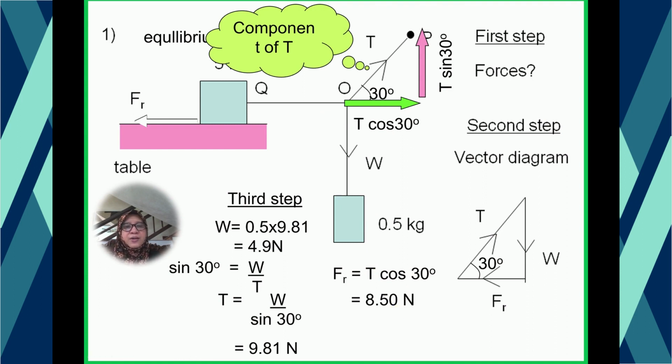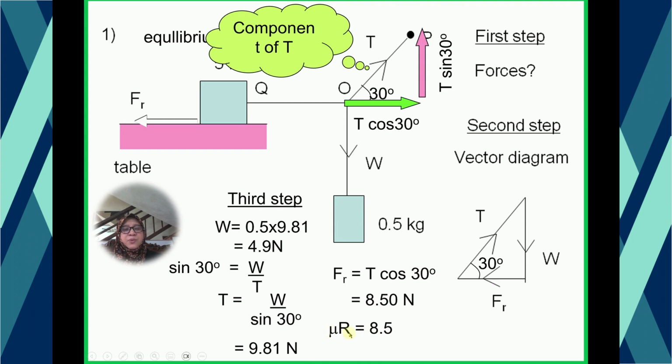All the forces now we have calculated already. T done, friction done, weight also done. So now we go to find the mu. The friction is 8.5, so we can find the coefficient of static friction.